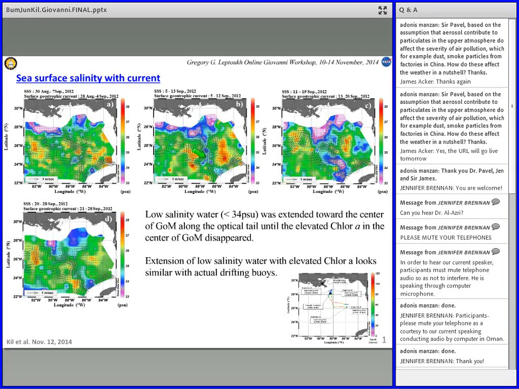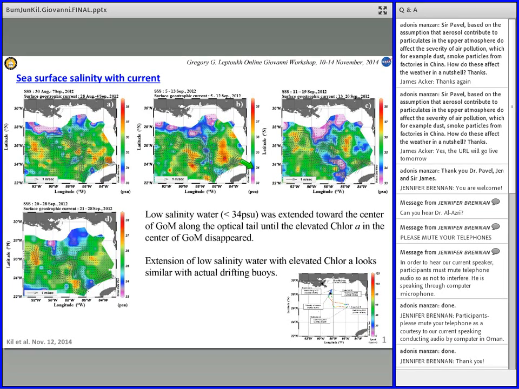So the low salinity plotted over the surface geostrophic current shows the plume of fresh water of the Mississippi River Delta extending rapidly to the southeast, maintaining salinity less than 34 PSU.